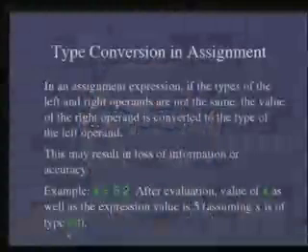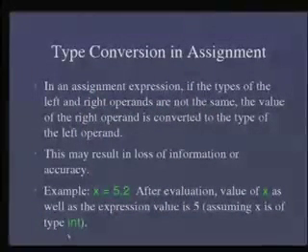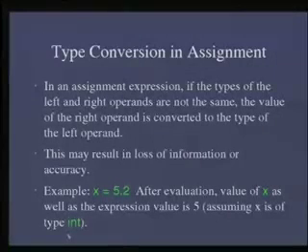Okay, so we now have to talk about type conversion, or to be more precise, implicit type conversion in assignment expressions. The rules for type conversion in assignment are slightly different from those for the other arithmetic operators. If you recall, in operators such as plus, minus, etc., the rule was that if the two operands are of different types, then the operand of the lower type gets promoted, or converted, to the higher type.